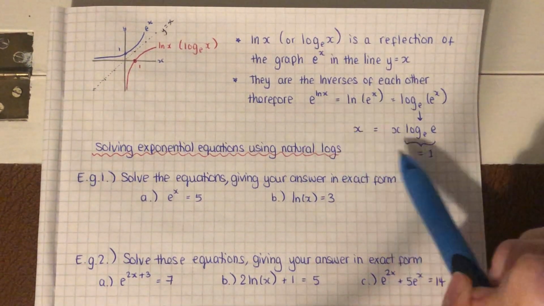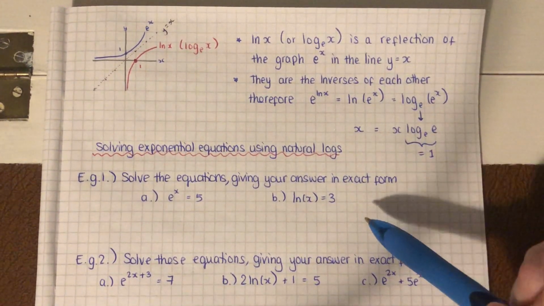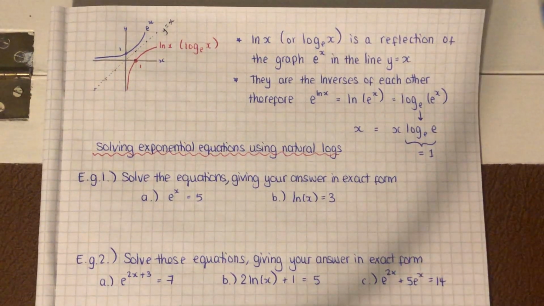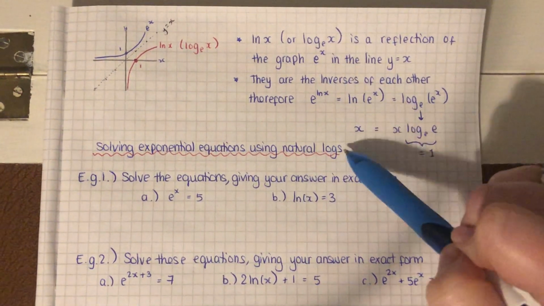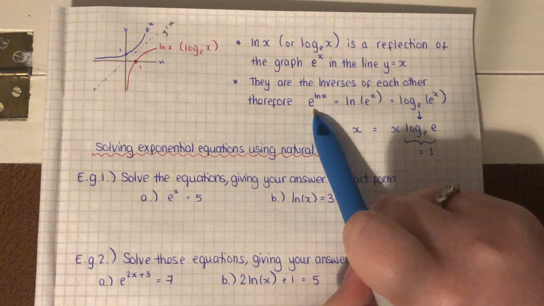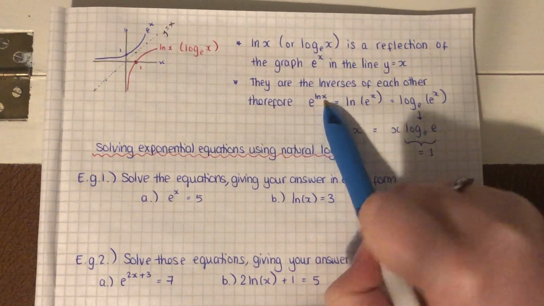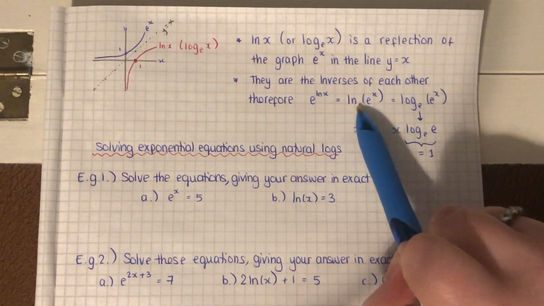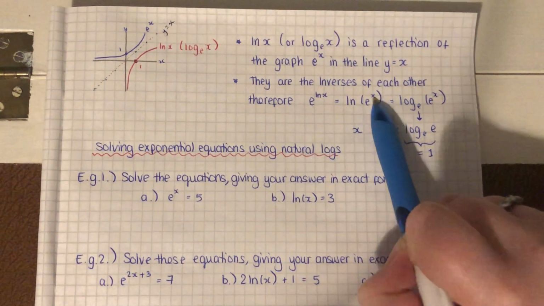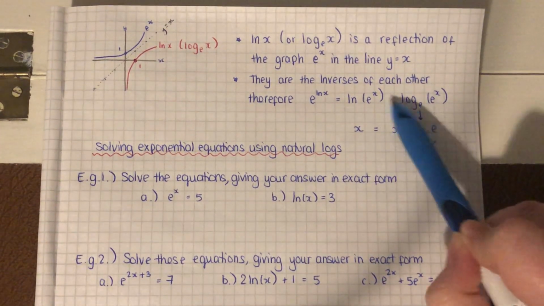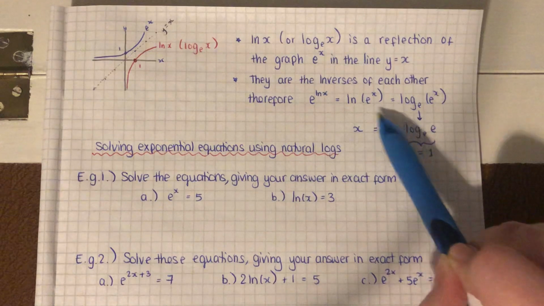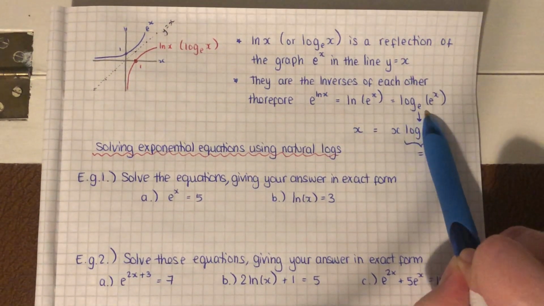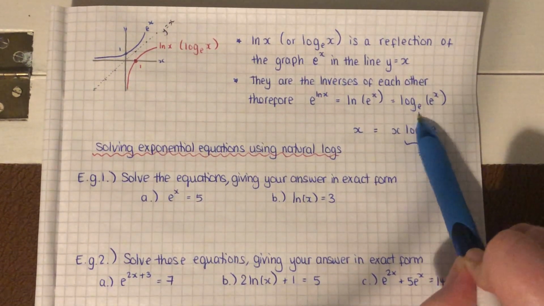Now we're going to be using this rule quite a lot to help us with solving the equations that are below. So if you had the exponential of ln of x, that's equal to e to the power of ln of x. Now if we rewrite the ln of x, it would look like this, log with the base of e.